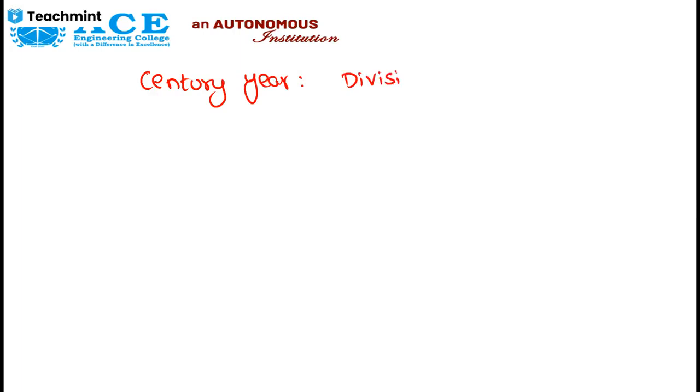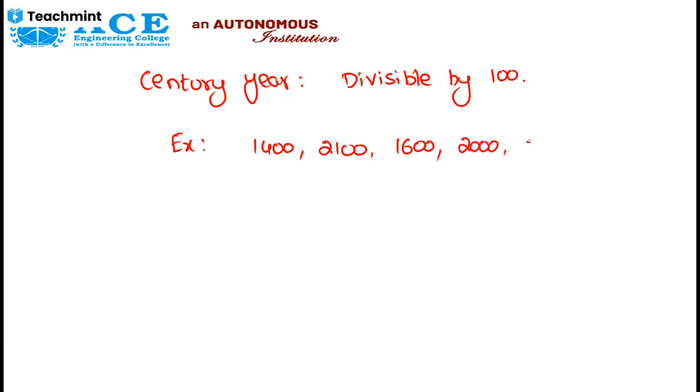If the given year is divisible by 100, we call it a century year. For example, 1400, 2100, 1600, 2000. All these are century years, which are divisible by 100.